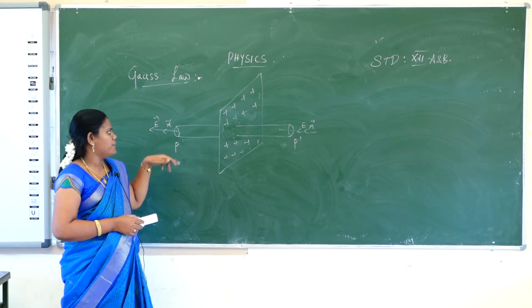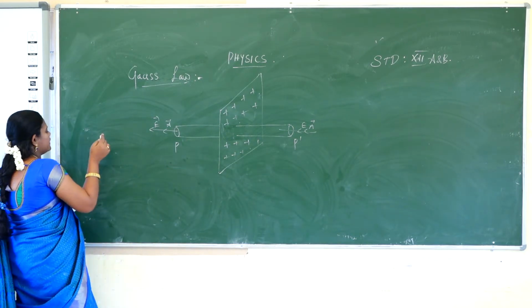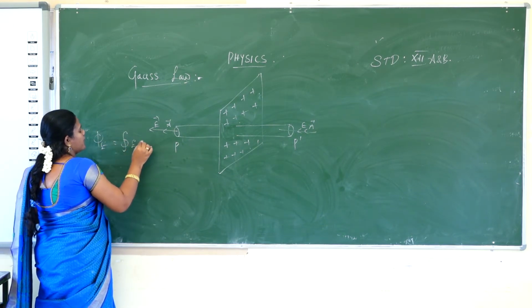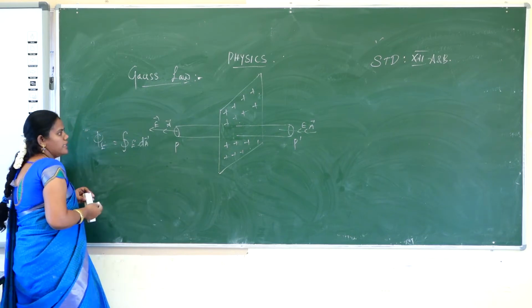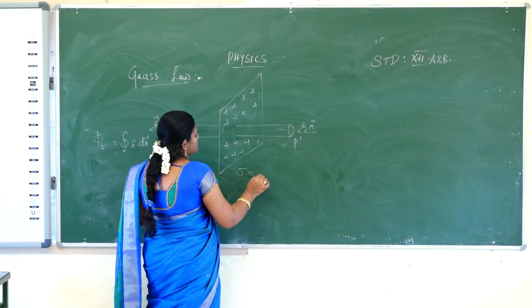The Gaussian surface is in cylindrical form. For electric flux, we first know the formula: phi E is equal to the closed integral of E vector dot dA vector. Then surface charge density: what is the meaning of surface charge density?